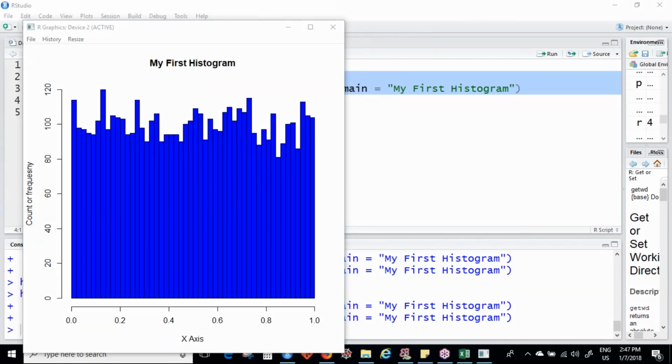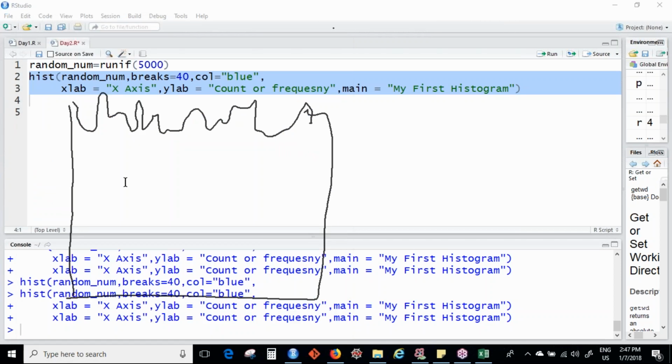So if I draw a curve over it, it will look something like this. This is how the histogram looks.